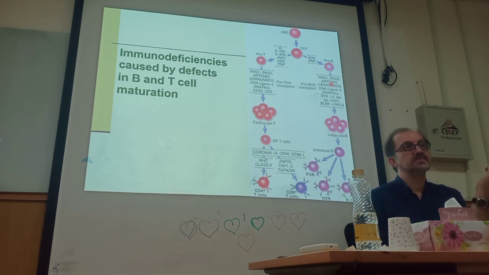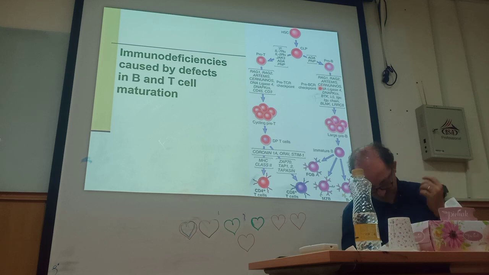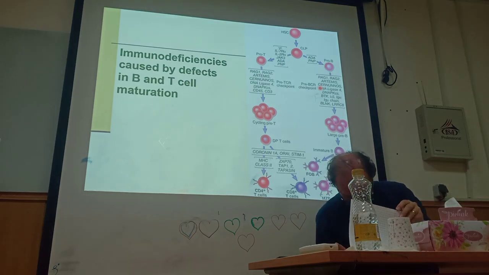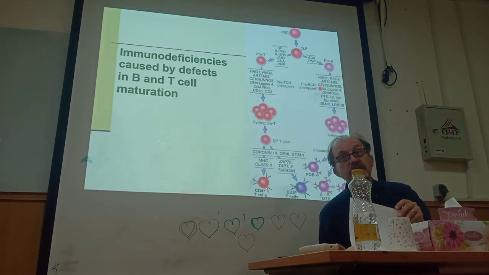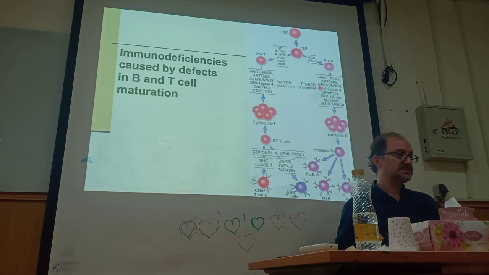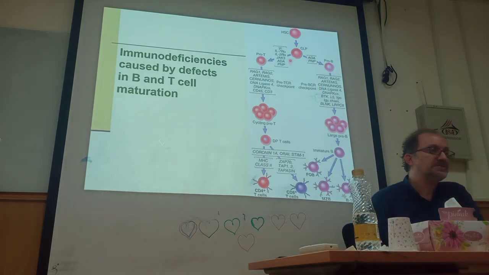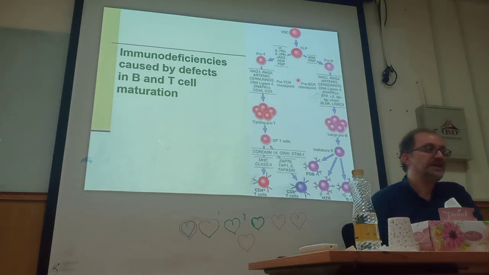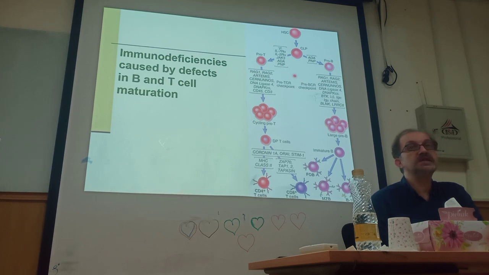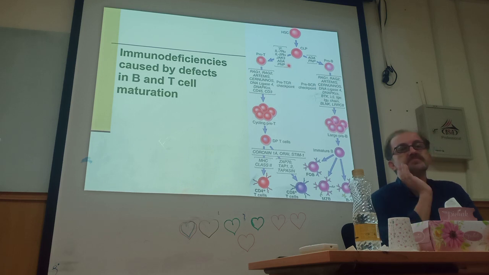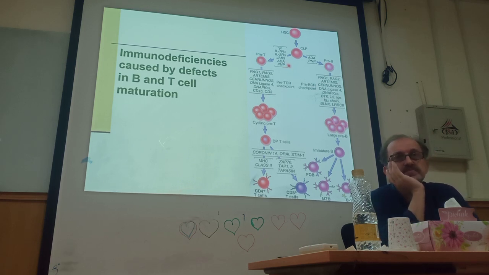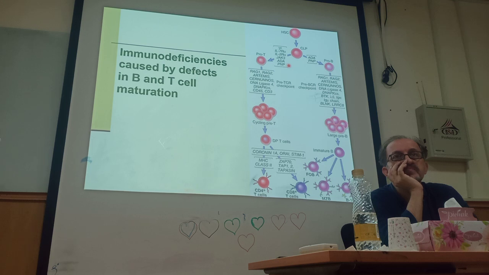Yes. Okay, the second question, from Nazar Saman. Please imagine that there is a mutation in adenosine deaminase or purine nucleoside phosphorylase, ADA or PNP. What's the result? It only affects the T cells?